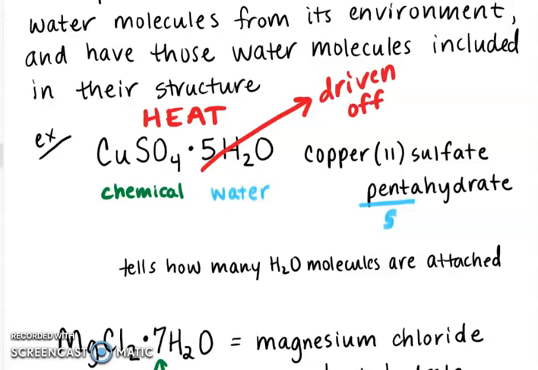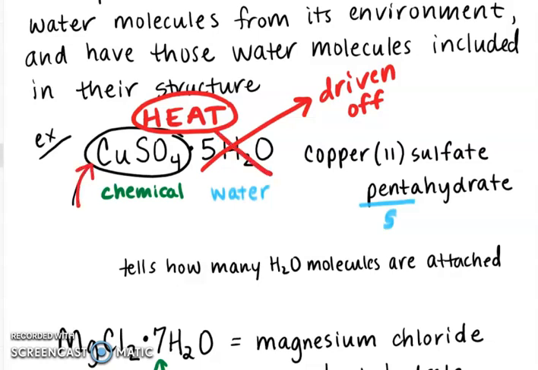So if I want to get the water out of a hydrate, I simply heat it up. When I heat it, the water goes away, it's driven off, and I'm left with just the chemical, no water.